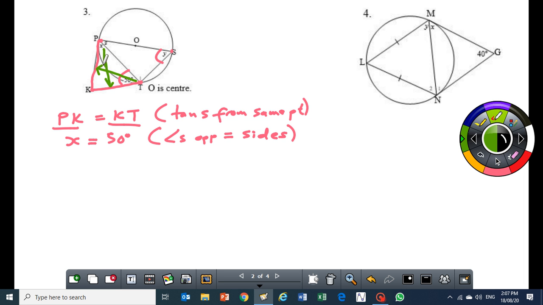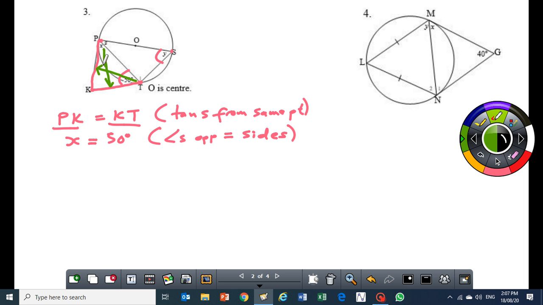And also, sides opposite equal angles are equal. There are angles opposite equal sides, then there are sides opposite equal angles.